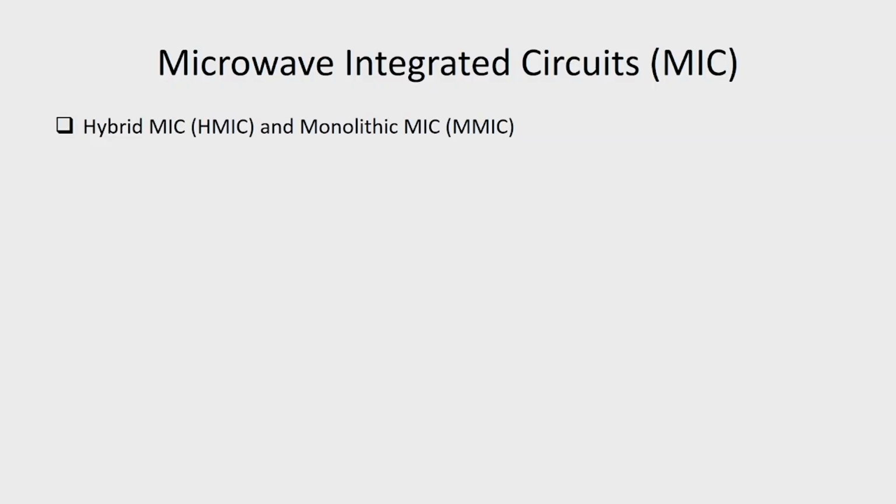In this discussion, we will very briefly highlight some of the salient features of these two technologies, and we will provide an overview of these two technologies. So, microwave integrated circuit may come in the form of hybrid MIC or HMIC and monolithic MIC or MMIC.